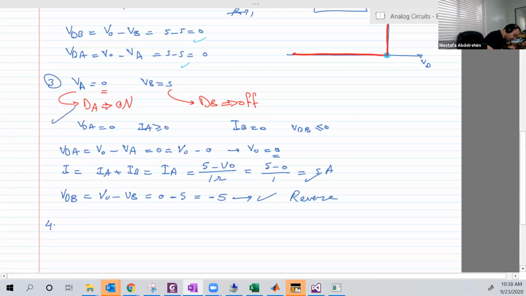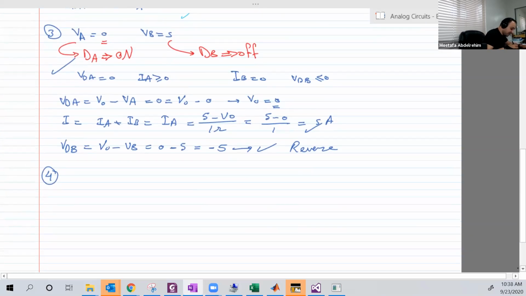Now, when you do the last one, you don't need to solve anything because there is very high similarity in that problem. When you assume the opposite, that VB is equal to 0 this time and VA is equal to 5, you just do the opposite of this. Basically DB is the one that will be on, DA is the one that will be off.